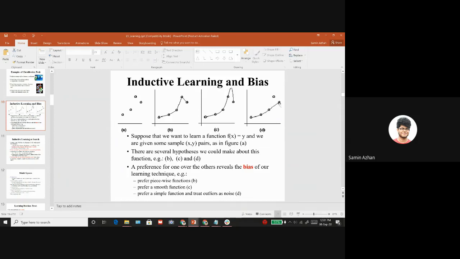We are willing to let go of a few data samples because we want to keep our algorithm simple. On the other hand, choosing something like C would be making sure that all the data are properly aligned, but our model can get a bit complex. So that's trading off simplicity for accuracy.